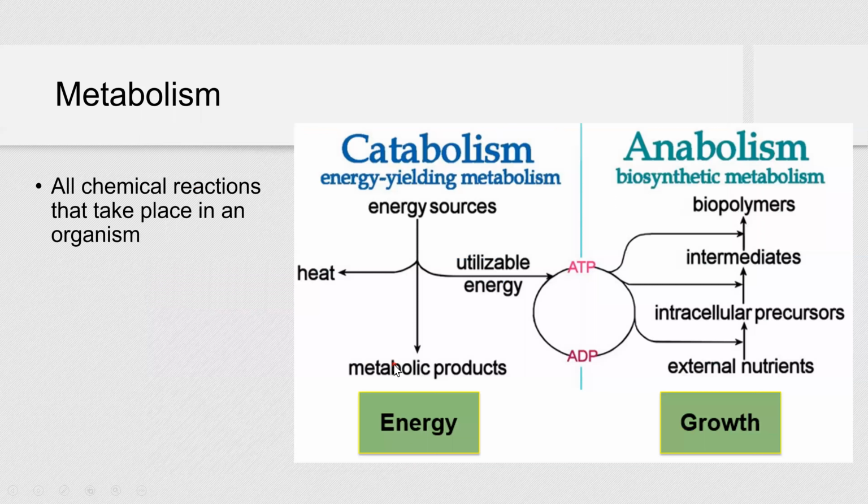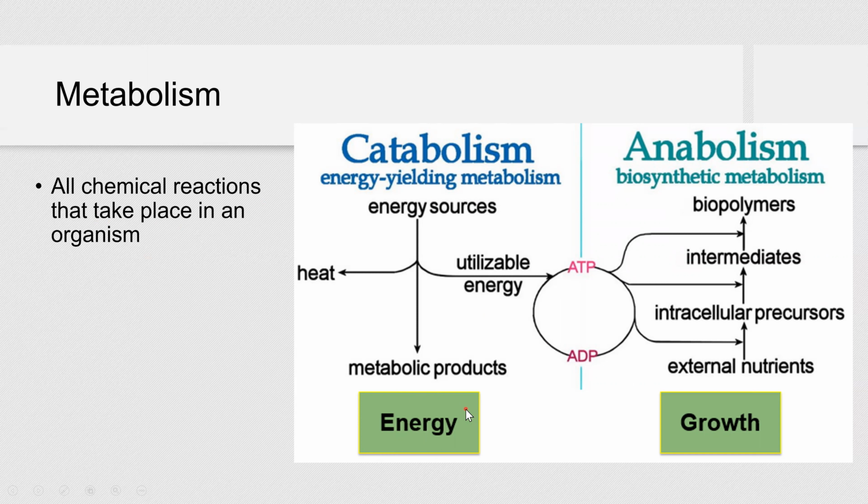Now, why is it important? Because in biology, we talk about metabolism, and metabolism is really pretty straightforward. Metabolism is all chemical reactions that take place in the organism, and by all chemical reactions, we mean catabolic reactions and anabolic reactions. Your body uses catabolic reactions as a source of energy, so when you have these catabolic reactions, you can synthesize ATP.